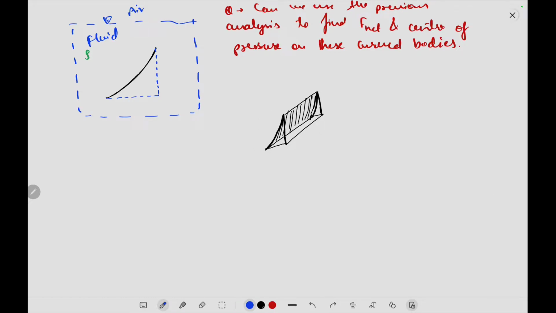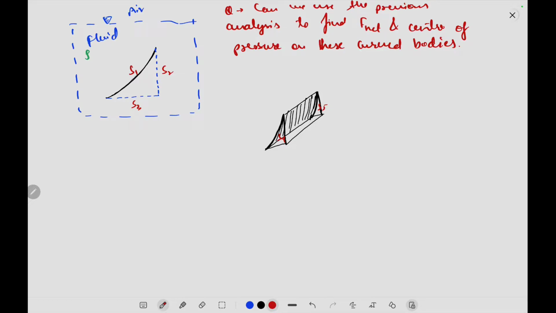Now let's mark the surfaces. Let's say this surface is S1, this is S2, this is S3, this is S4, and this is S5. In 2D this would be S4, and the surface behind it would be S5. Is that clear?